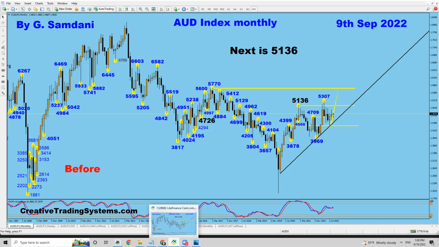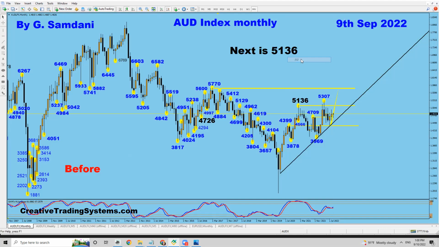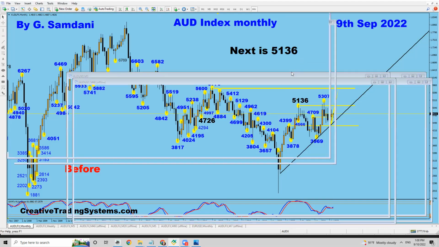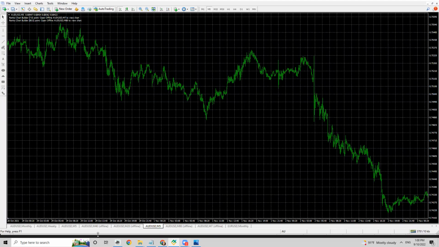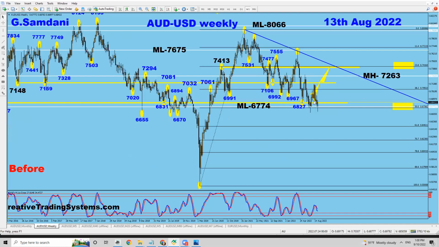Let me show you the Aussie USD, how it could go up very nicely. Aussie USD. See, this was my chart on the 13th, but I made another chart on the 3rd of September, which was like it's going up from here. Now you see this very nicely bounced from these levels, a couple of levels, right?